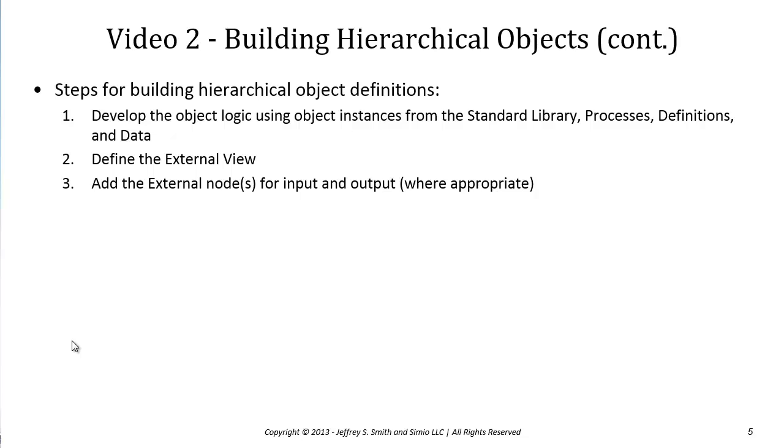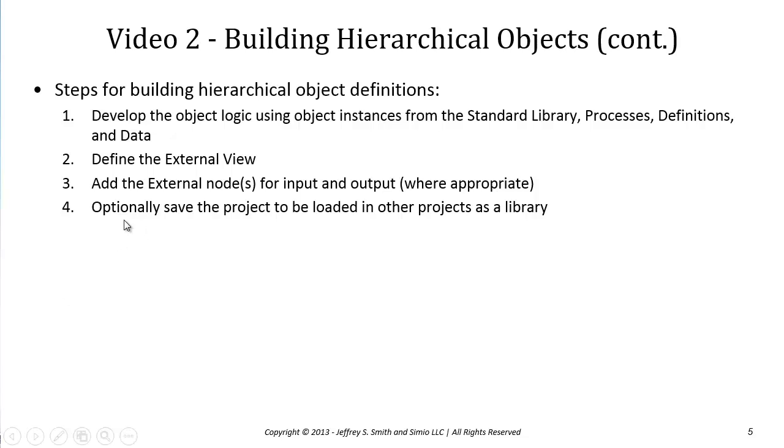And finally, we added the external nodes where appropriate, so that entities could enter and leave the object. And then optionally, we could save the project as a file to be loaded in other projects as a library. So building objects in the hierarchical method is extremely powerful. It lets us build highly complex objects and then reuse those object definitions in subsequent models.